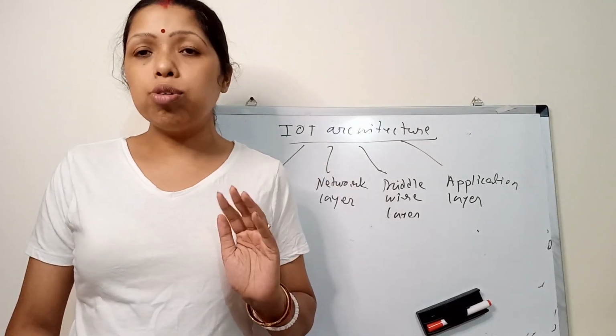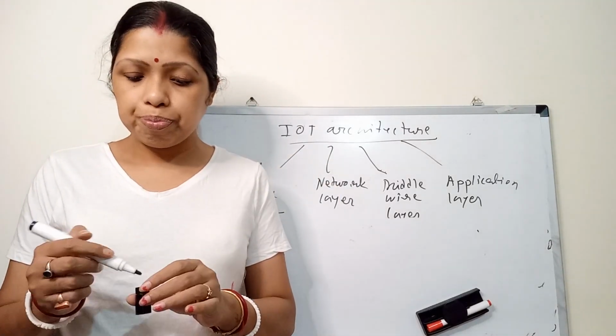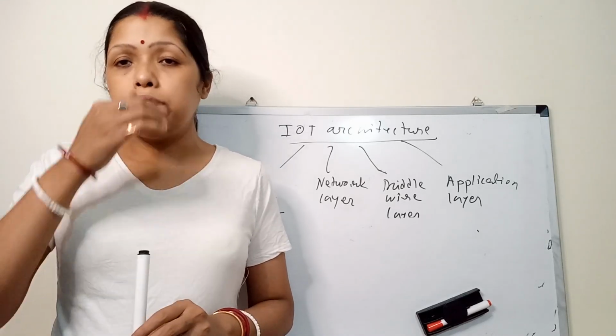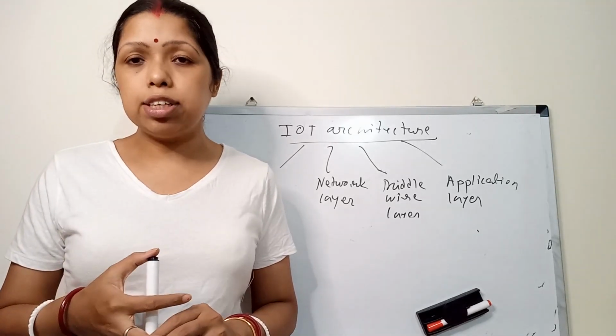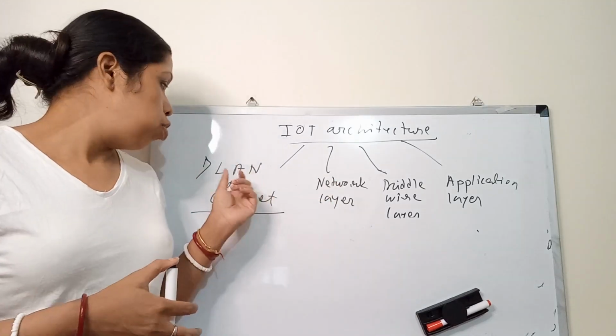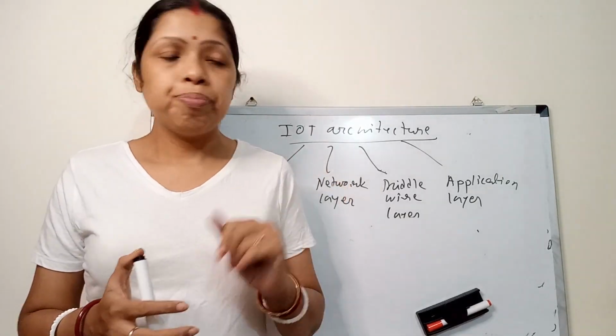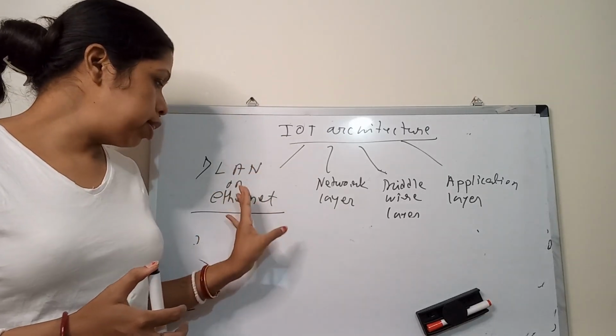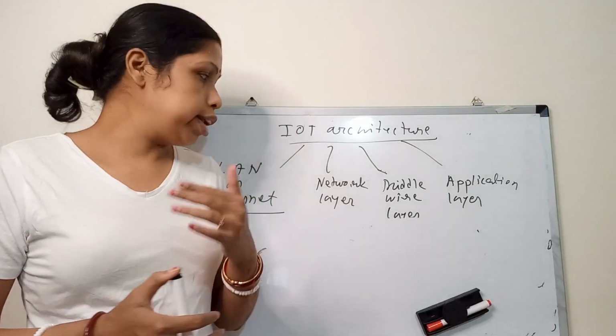And LAN is normally used in an entire building. In industry, if you want to transfer data between various devices, the local area network is required. Normally these two are used for the network layer.